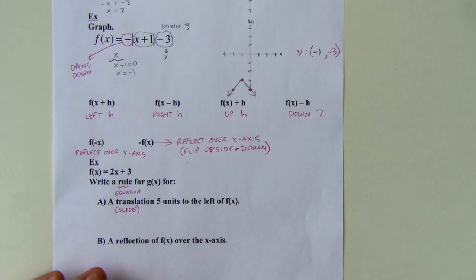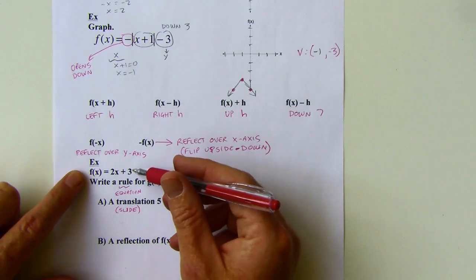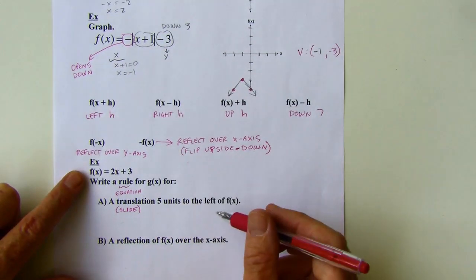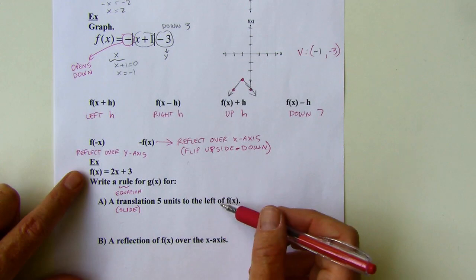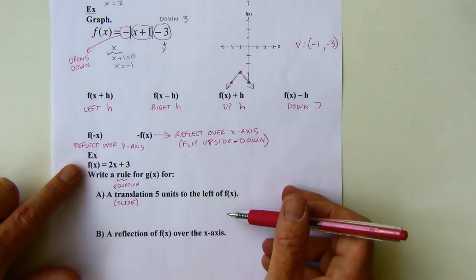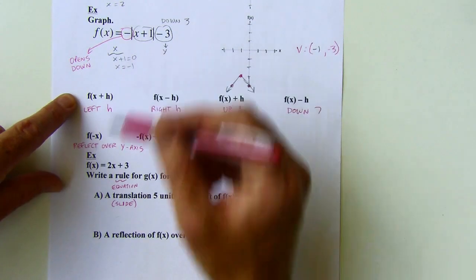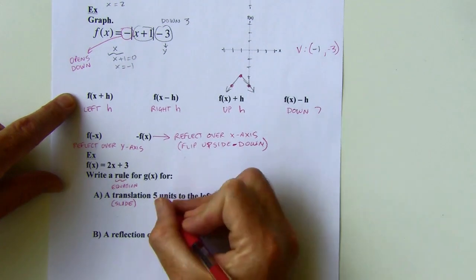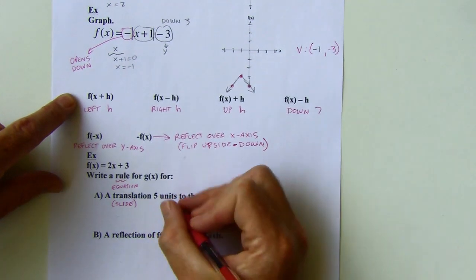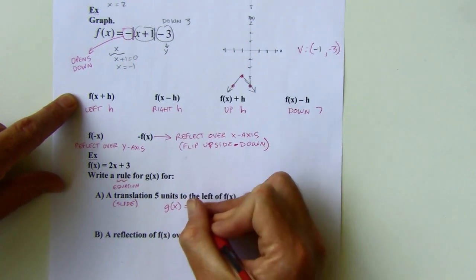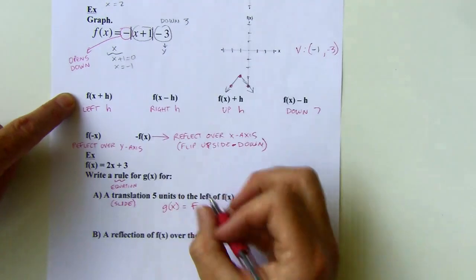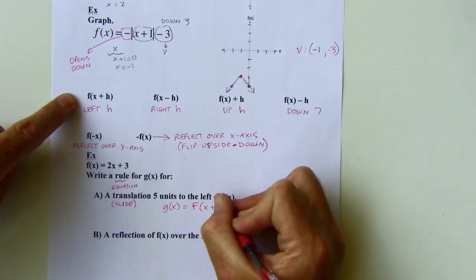So if f of x looks like this, then I'm thinking, well, what can I do to move this to the left 5? Well, let's use this little guide. If I want to go left, I'm going to use something like that. So if f of x looks like this, g of x is going to be equal to f of x plus 5.